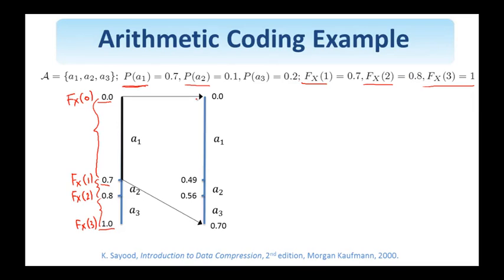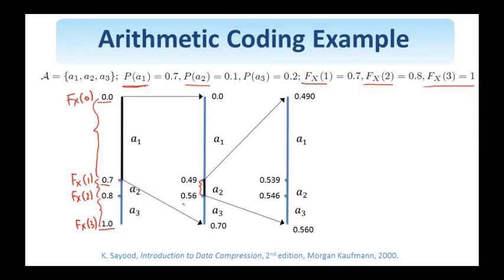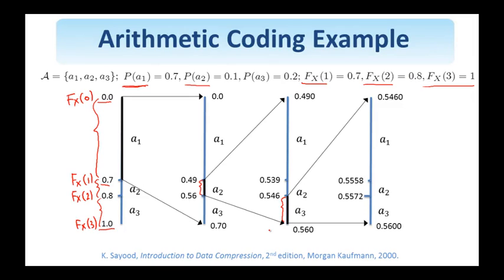If the second symbol we observe is A2, then the tag resides in this interval. I take this interval, subdivide it proportionally to the original probabilities. If the third symbol I observe is A3, then the tag resides in this interval. I can further subdivide this, and so on and so forth.